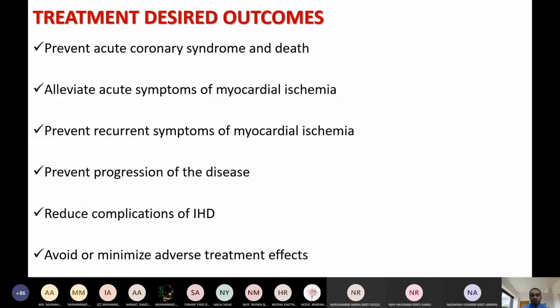So, general treatment approach. What do we have here in the angina symptoms?